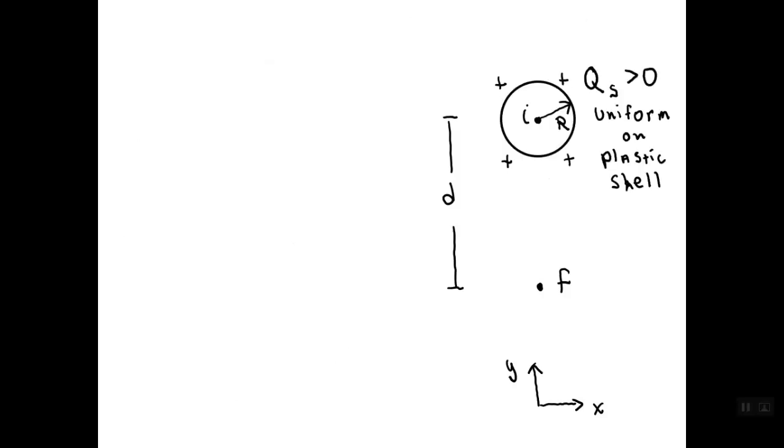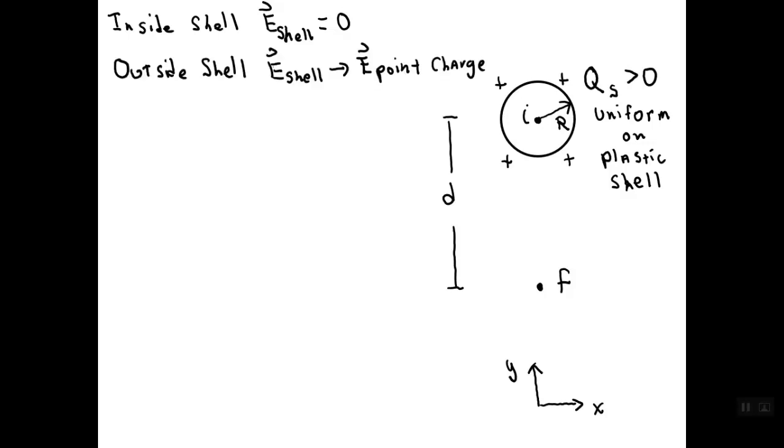Now let's find delta V for the charged spherical shell. Recall that inside the shell, which is uniformly charged, the electric field is 0, and that outside the shell, the electric field looks like that for a point charge with the total charge here, capital Q sub S, located at the center of the shell.